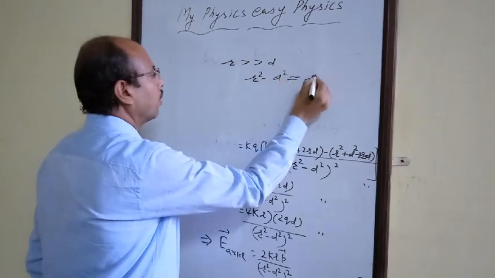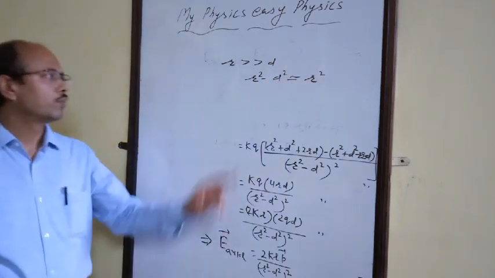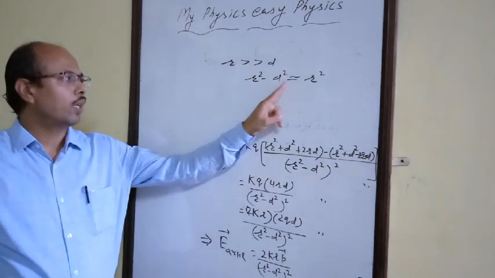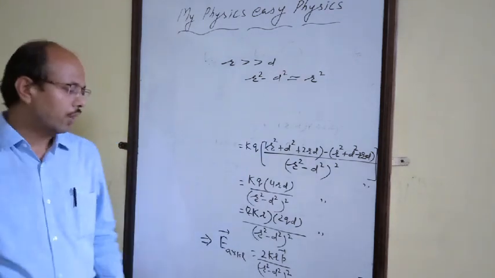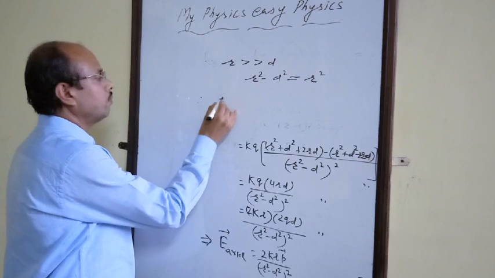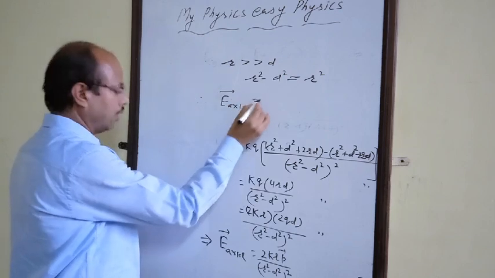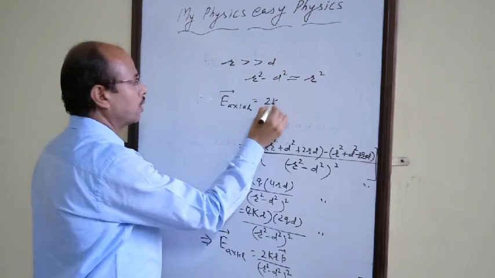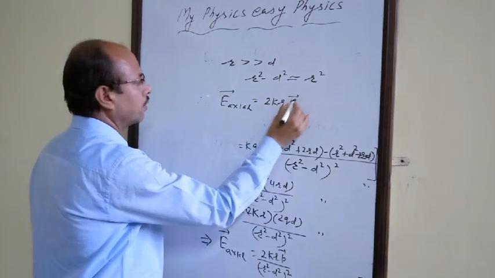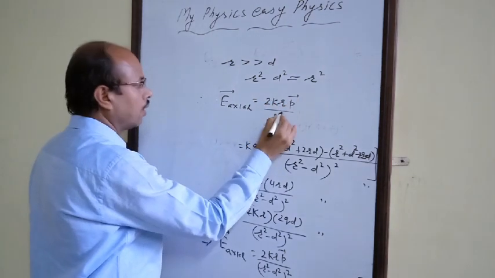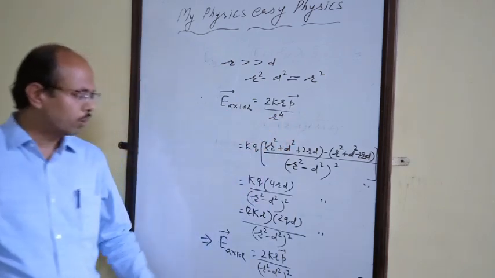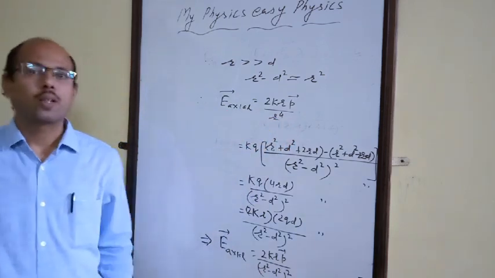Therefore we can make the assumption R square minus D square nearly equals R square. Therefore E axial becomes 2KRP divided by R to the power 4, because this is R square and whole square.